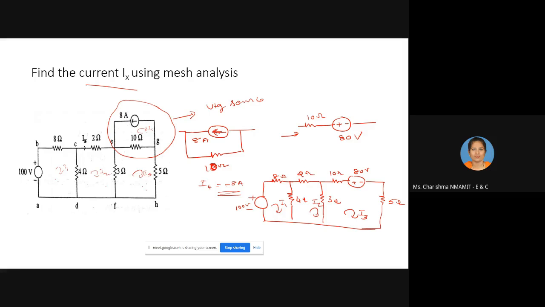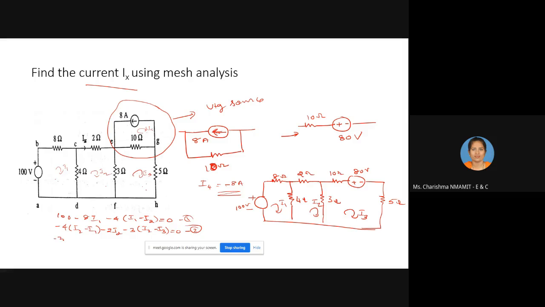What is the first equation? Writing for this circuit, it is 100 minus 8I1 minus 4 into (I1 minus I2) equal to 0. That is the first equation. The second equation is minus 4 into (I2 minus I1) minus 2I2 minus 3 into (I2 minus I3) equal to 0. That is the second equation.